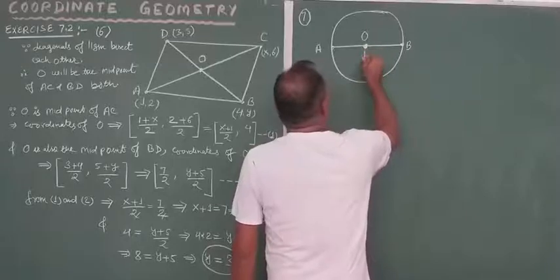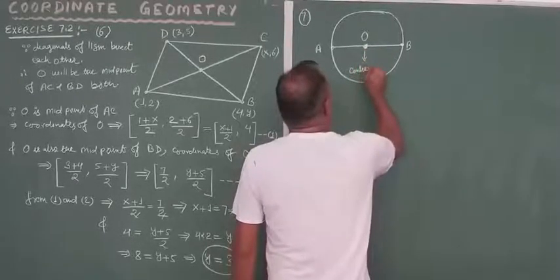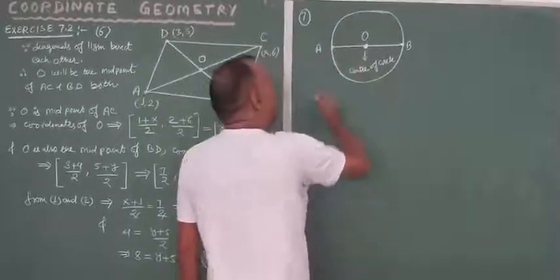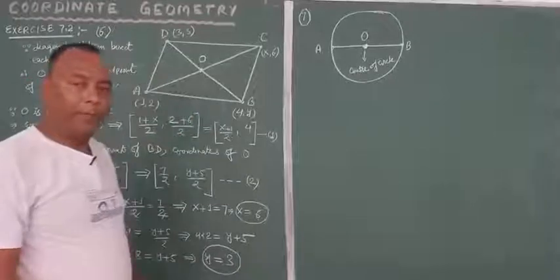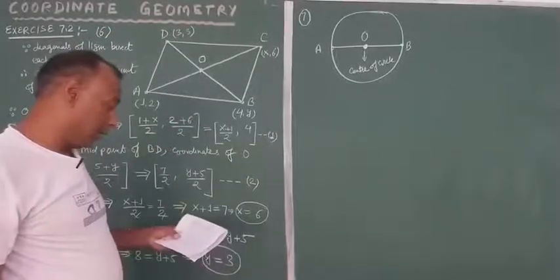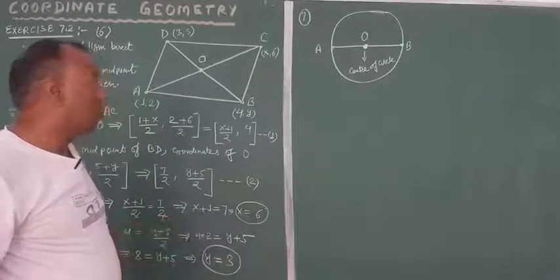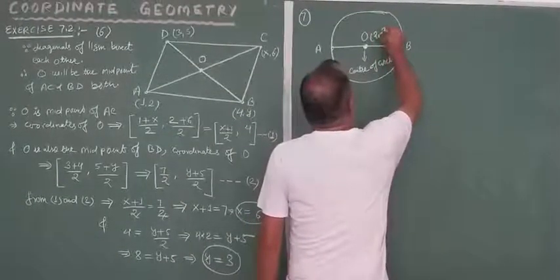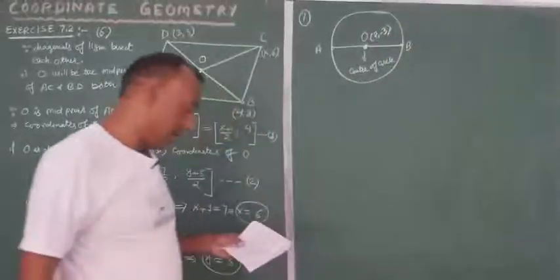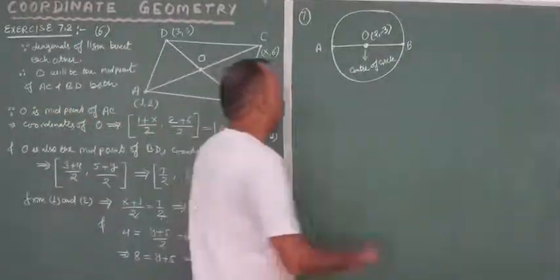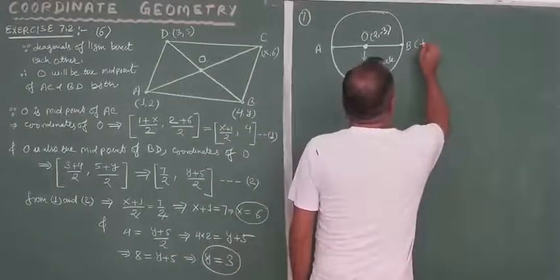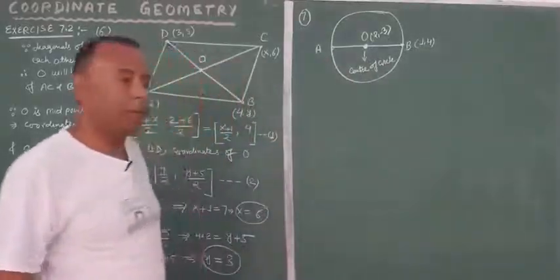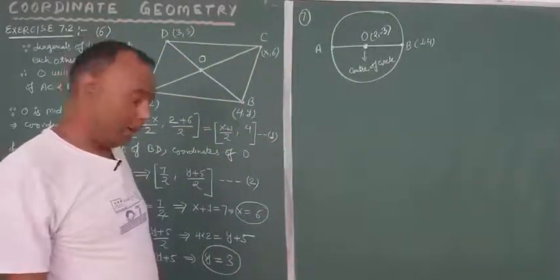O is the center of circle, and therefore O is also the midpoint of AB. Is it okay? And you are given whose center is (2, minus 3). What is the coordinate of center? (2, minus 3). Okay. And B is (1, 4). What is the coordinates of B? (1, 4). So you have to find the coordinate of A.